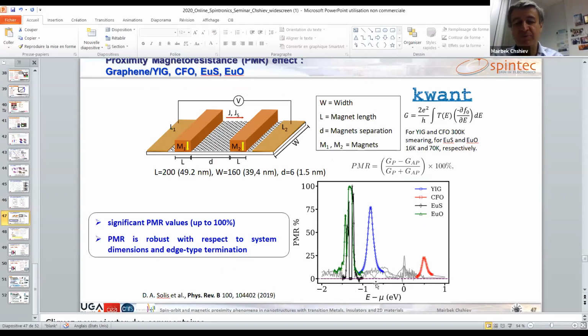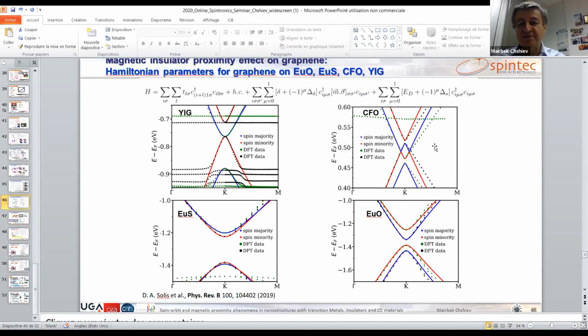One of the propositions was something we also thought about. If you put graphene with EG on one side and CFO on the other, because this is about plus 0.5 hole doped, and this is electron doped negative, then we thought we would compensate it so that we bring it as close as possible to the best situation.